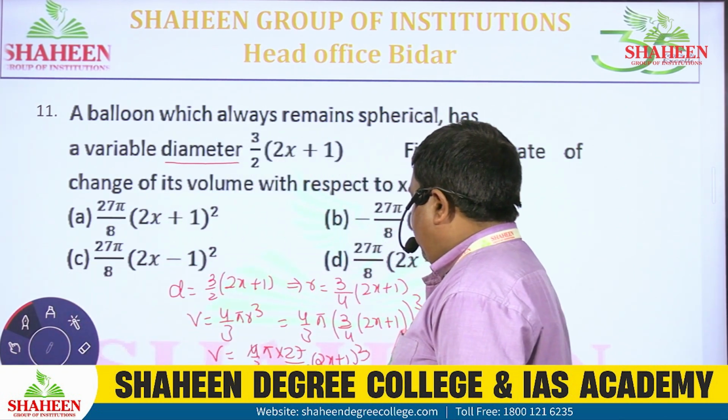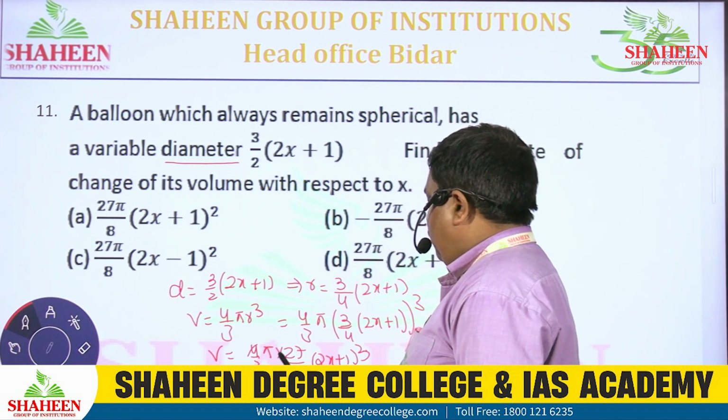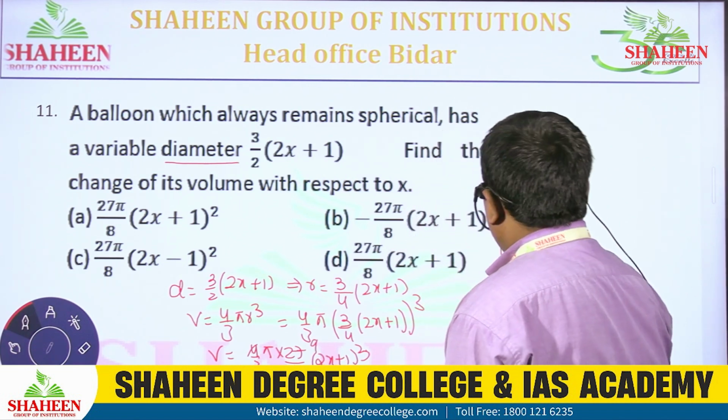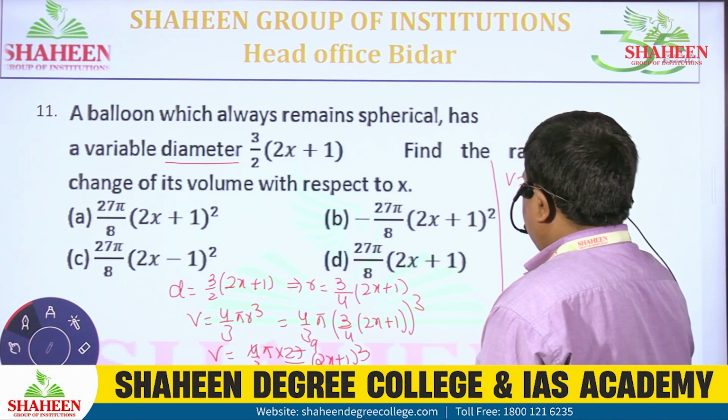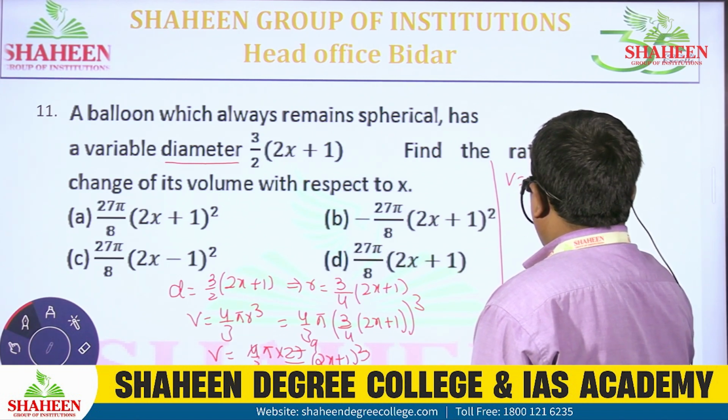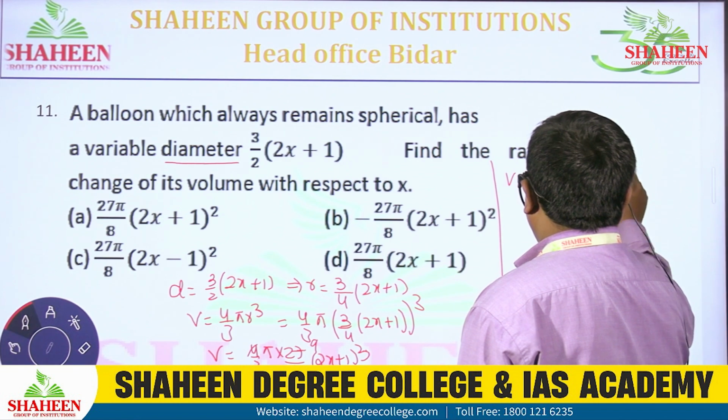Simplifying this, 4 ones are 4, 16s are... 3 ones are 3, 9s are... the volume becomes 9 pi by 16 into (2x plus 1) whole cubed.